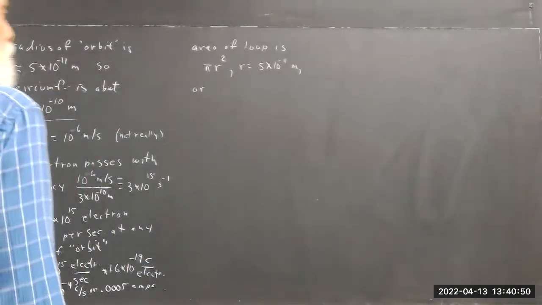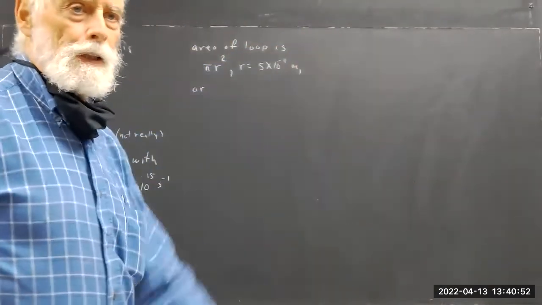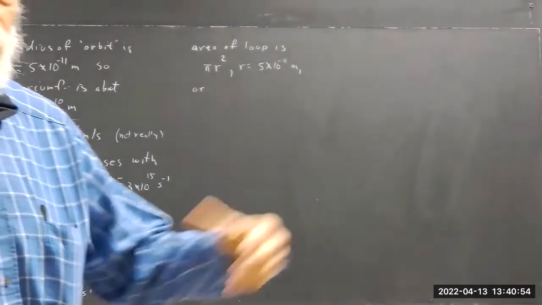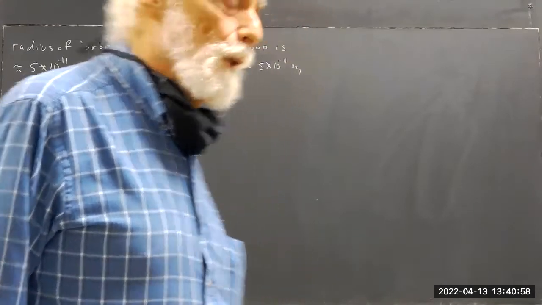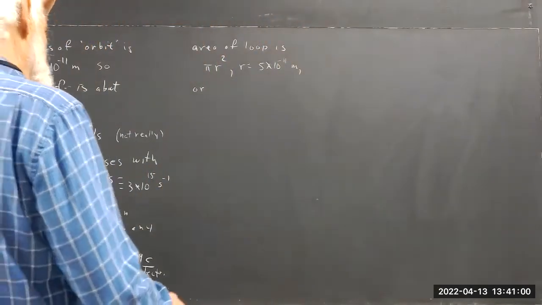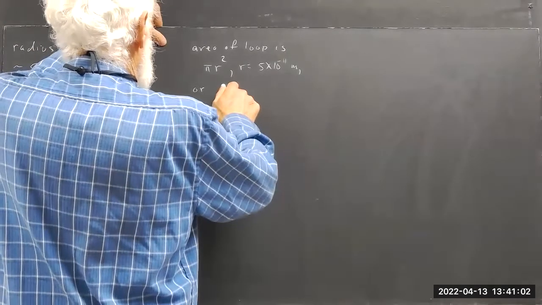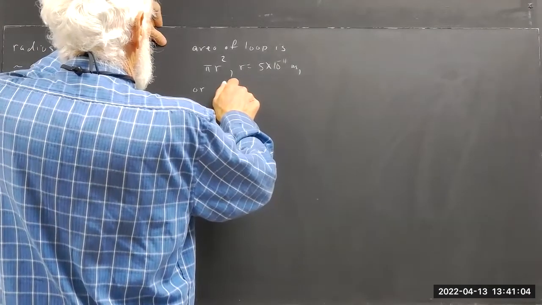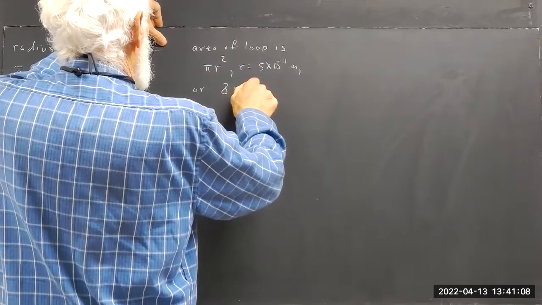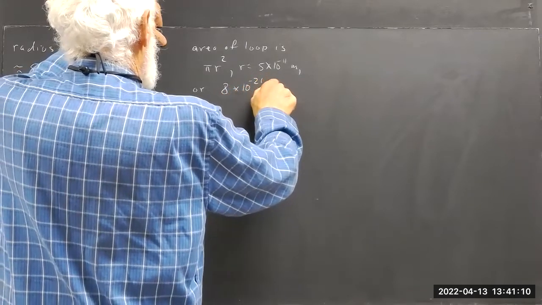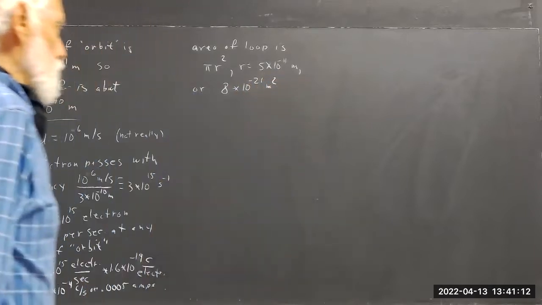If you square 5 times 10 to the negative 11th, you get 2.5 times 10 to the negative 21st. And then you multiply that by 3, you get 0.75. It actually comes out closer to 0.78. And that's an easy calculation.